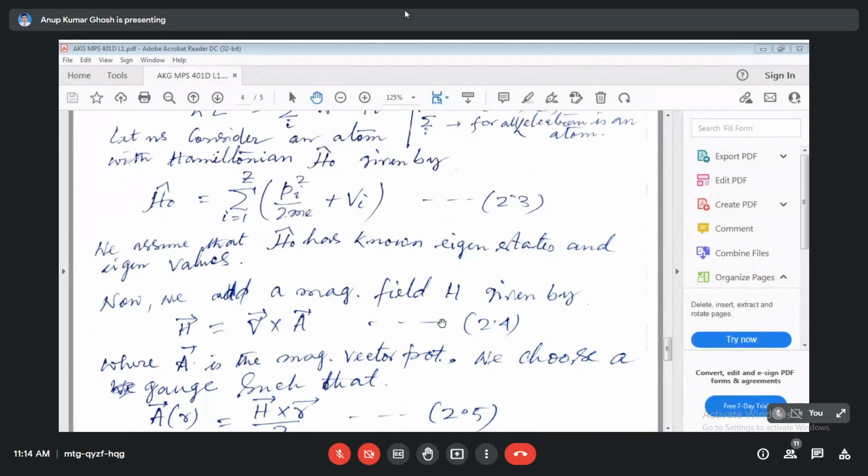We assume that H0 has known eigenstates and eigenvalues.